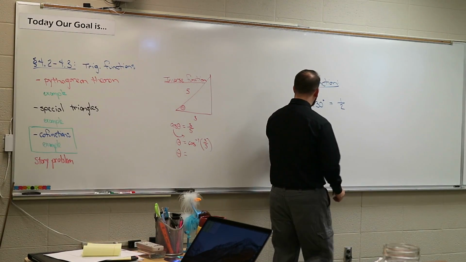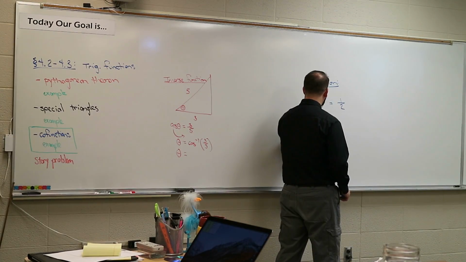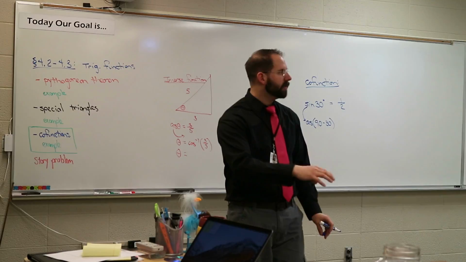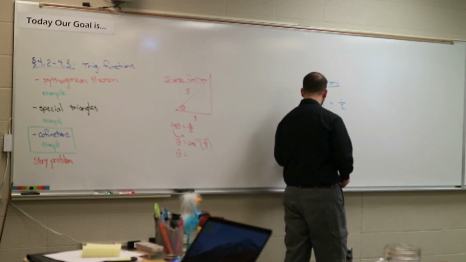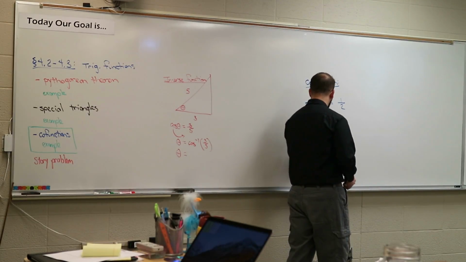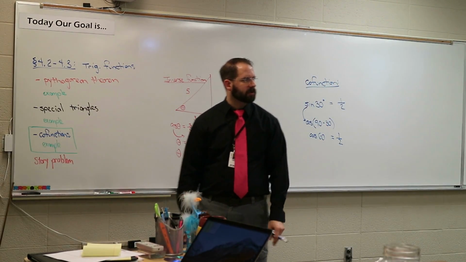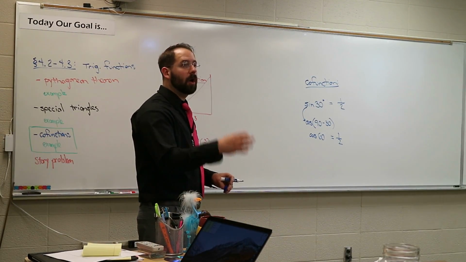So what you do is you take 90 degrees and you subtract 30. You subtract whatever your angle is. It's always 90 minus whatever angle they gave you originally. So if you were to type in cosine of 60 on your calculator, it would give you the exact same result, 0.5. It's called a cofunction.